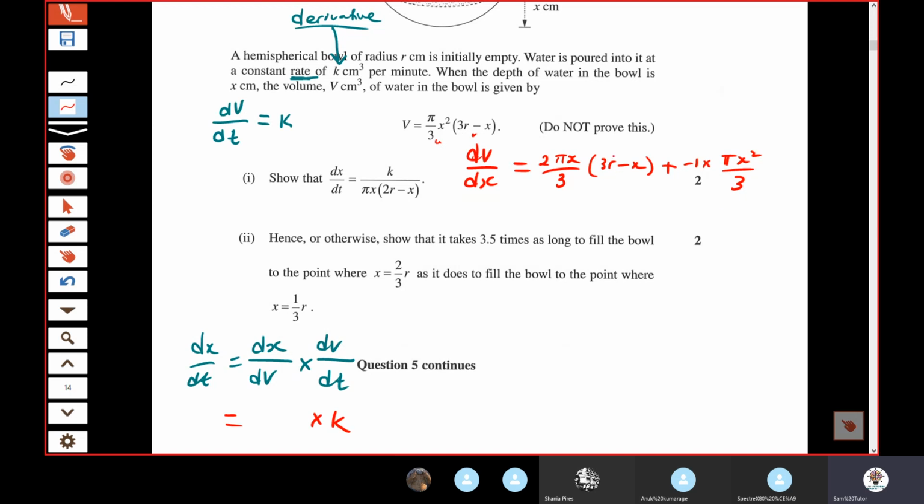R is just a constant, so you leave it. All right, that's dv on dx. It's all over 3, so I'm just going to put all over 3 like that. Minus pi x squared over 3.